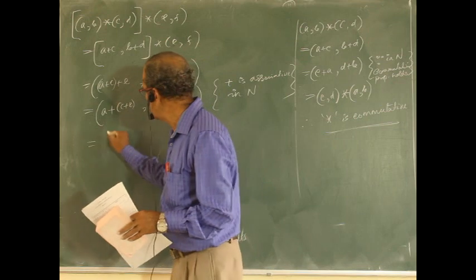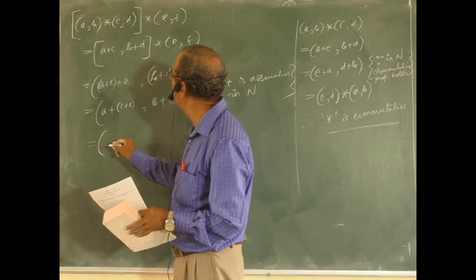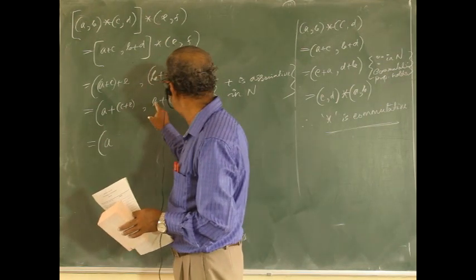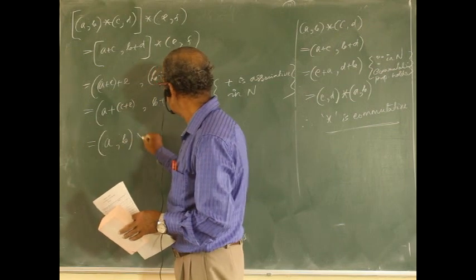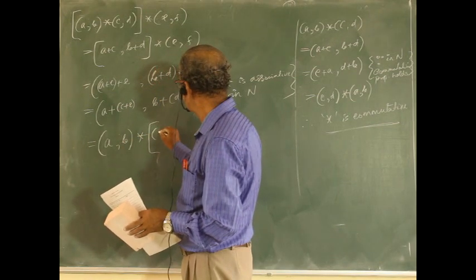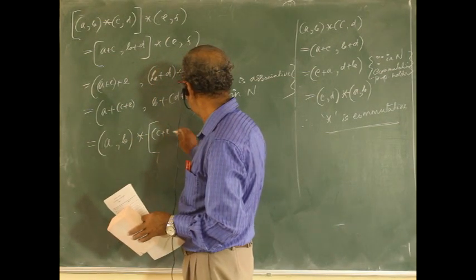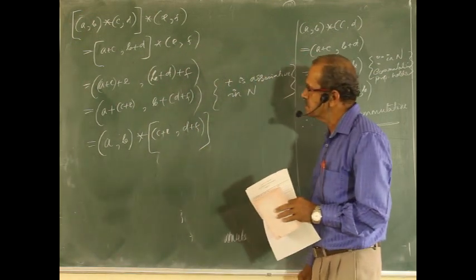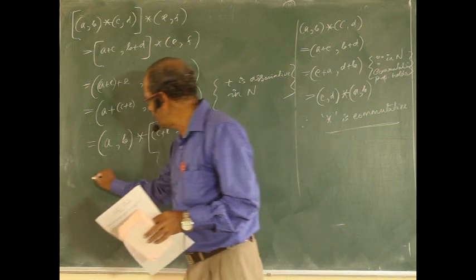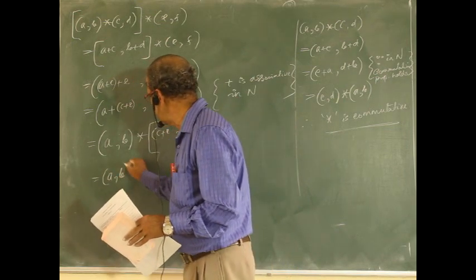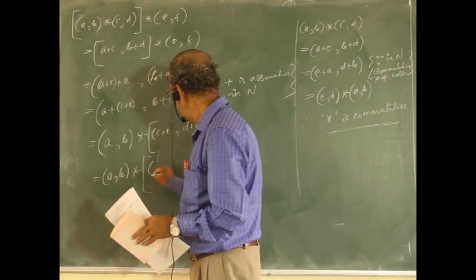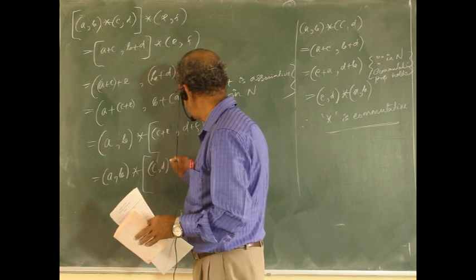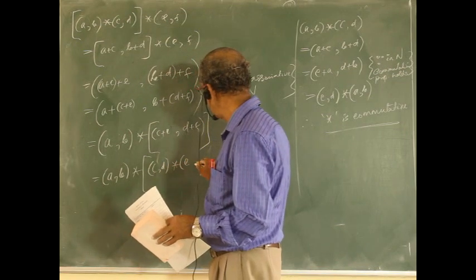Now, this can be written as a comma b star c plus e, d plus f. Or finally, a comma b star c comma d star e comma f.